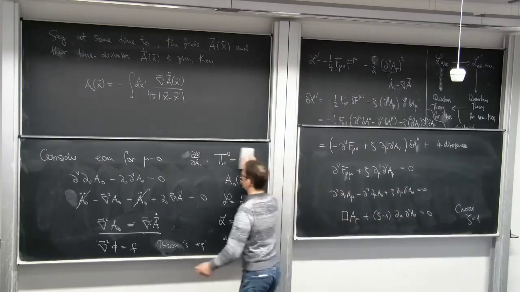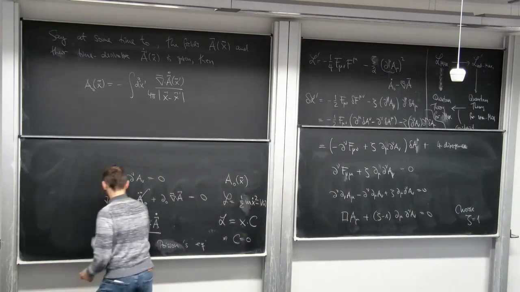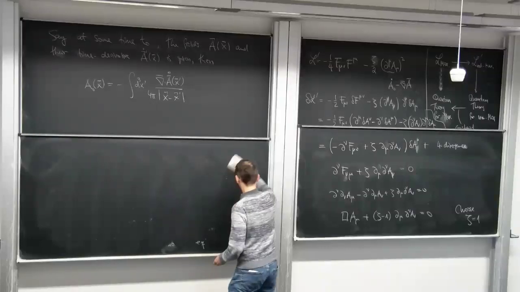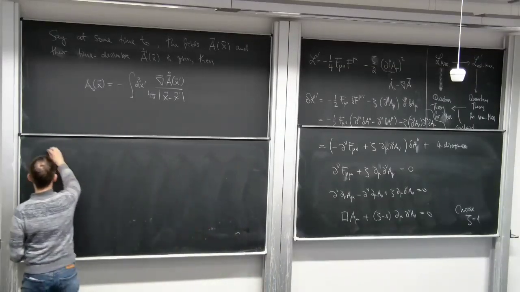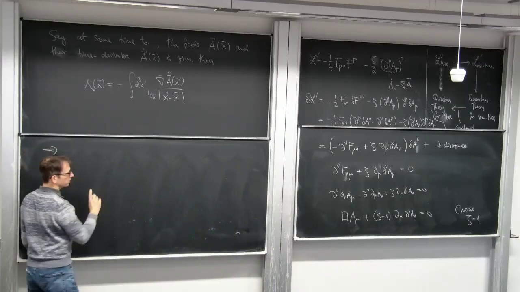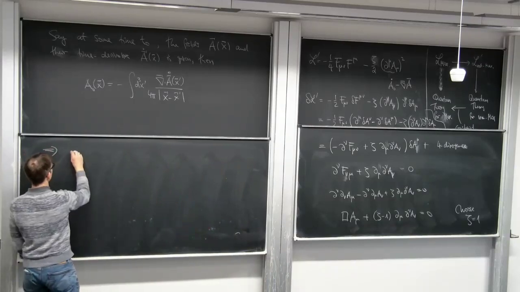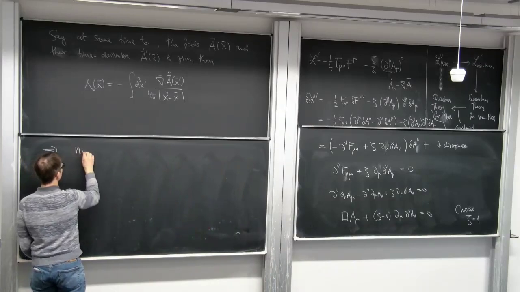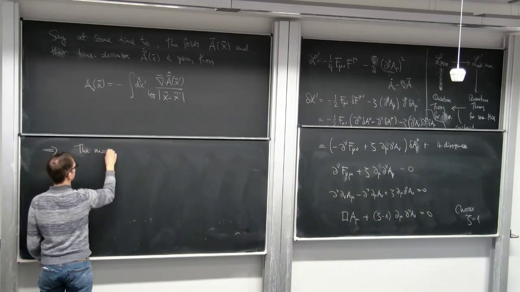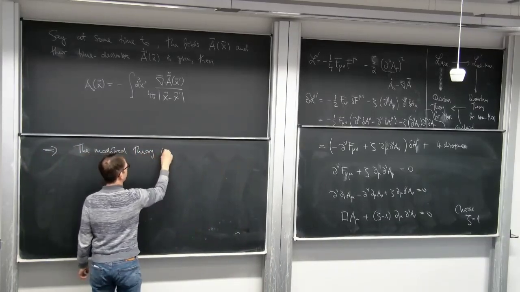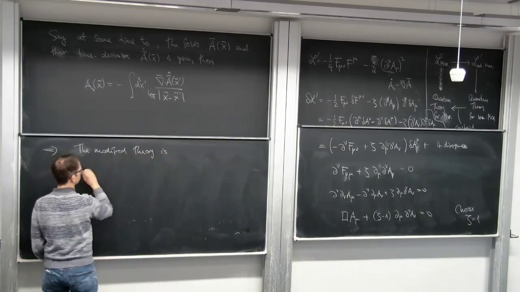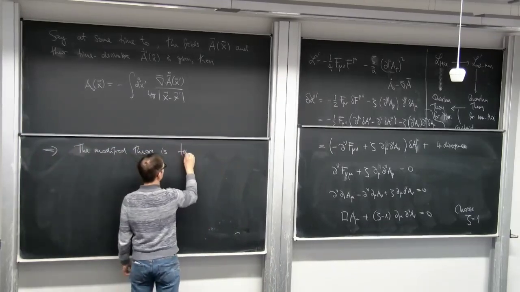Now, if we pick this, what do we have? Our non-Maxwell theory. Let's write it. The modified Lagrangian is taken to be, right?